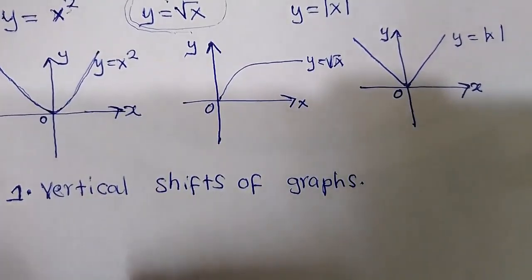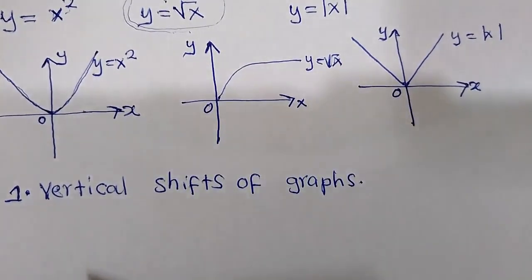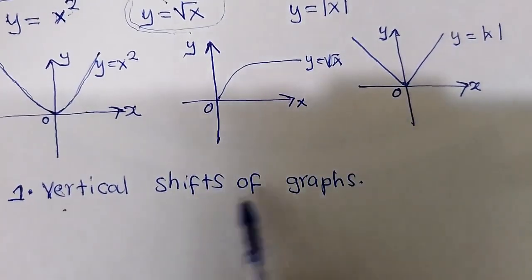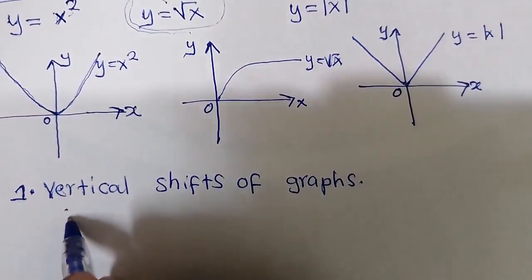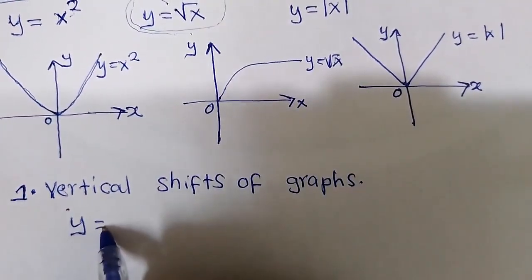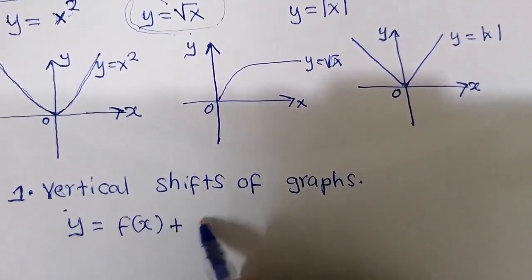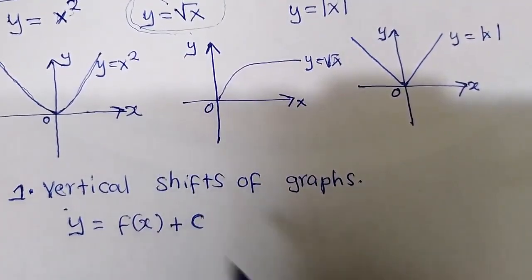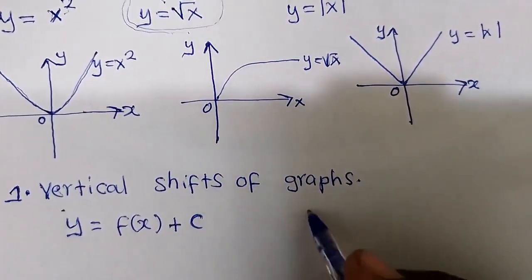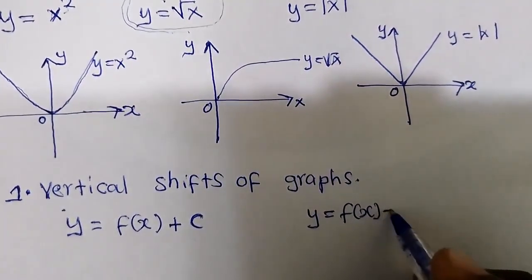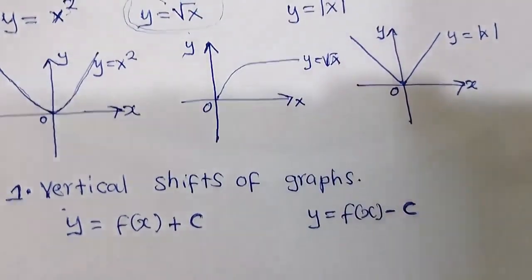So for example, let's say you are given a function. Whenever we are talking about the vertical shift, functions will be given in this manner. Y is equal to f of x plus c. In this manner. Or it can be like this. Y is equal to f of x minus c. This is how they are going to ask you.